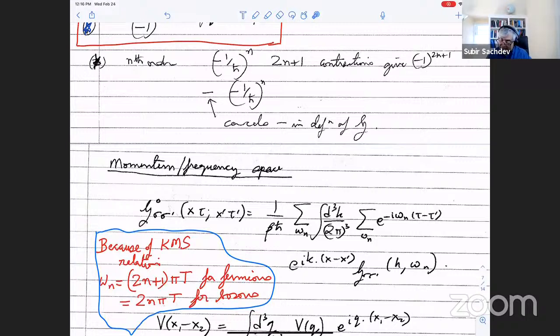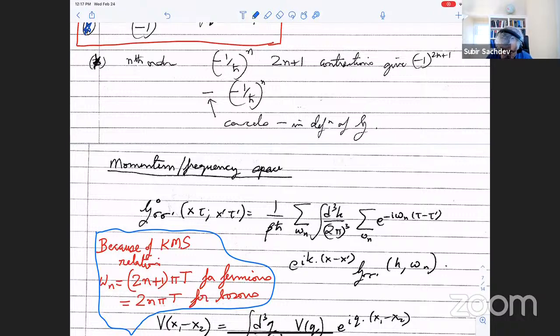And that means that the Fourier expansion in time is a Fourier series, not a Fourier integral. And the allowed frequencies are related to this fact that it's anti-periodic in time with period 1 over temperature. That simply means that the frequencies are any odd number times pi T. And that's because e to the i omega n beta is -1.